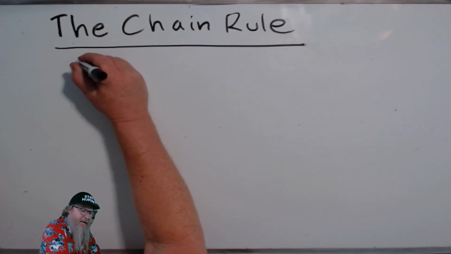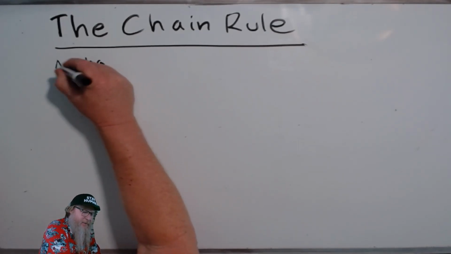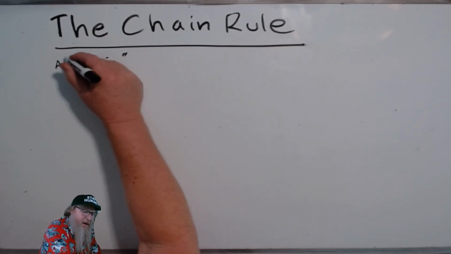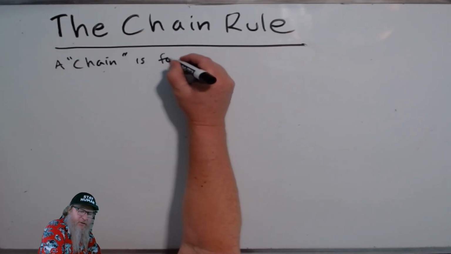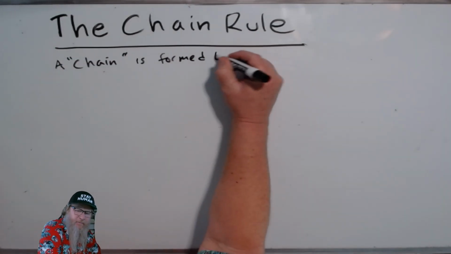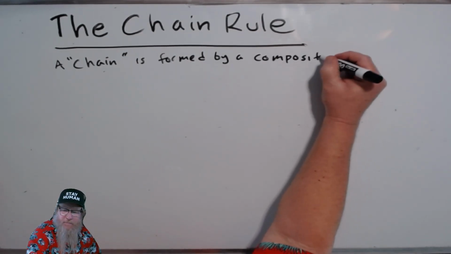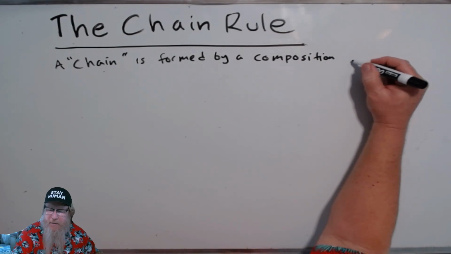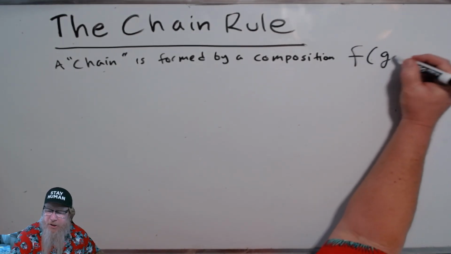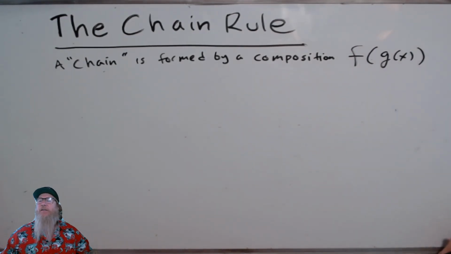So a chain in mathematics is formed by a composition. So something like f of g of x.